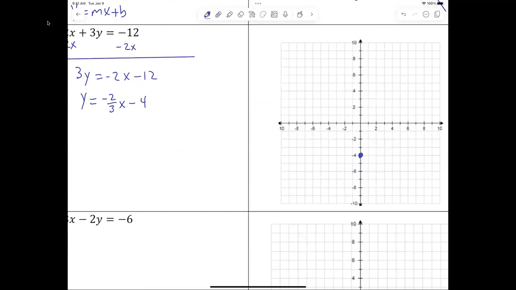We can just say down what? And right, everybody. Down 2 to the right 3. Down 2 to the right 3. Do it again. Down 2 to the right 3. That makes your line. Then draw the line.